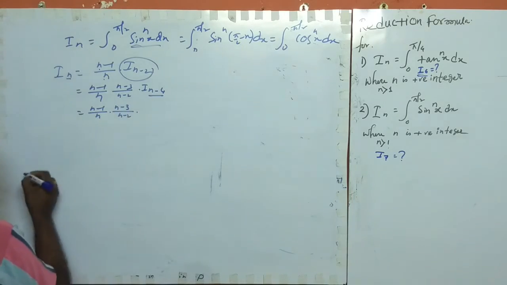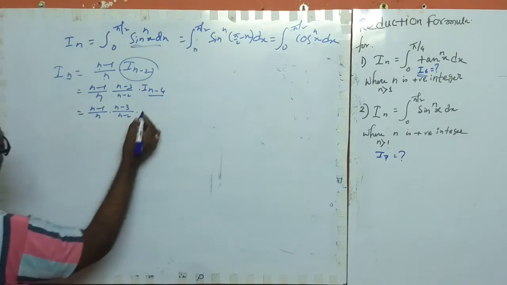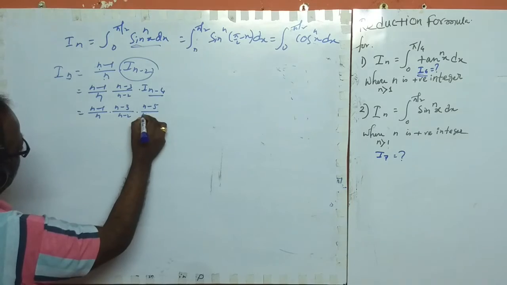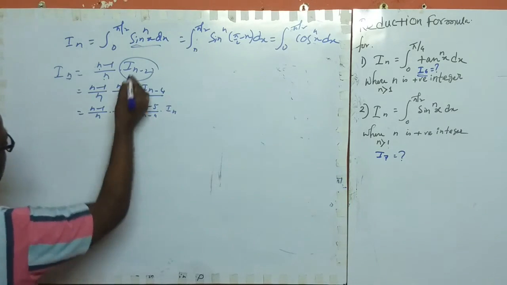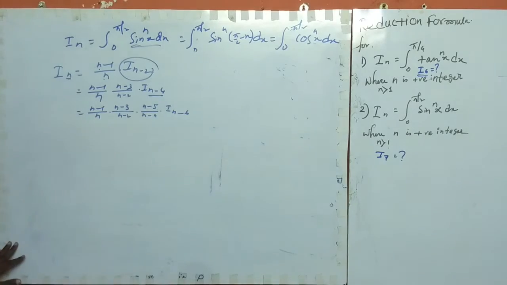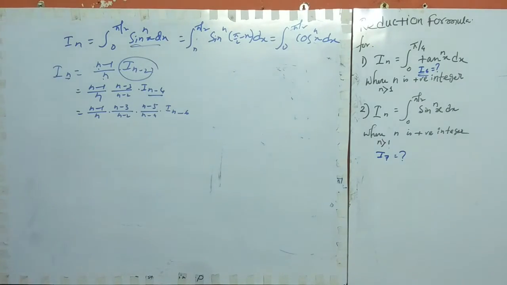Again, n minus 4, then n minus 5 by n minus 4, and here is n minus 6. So this formation goes to the ending point like 2, 3.